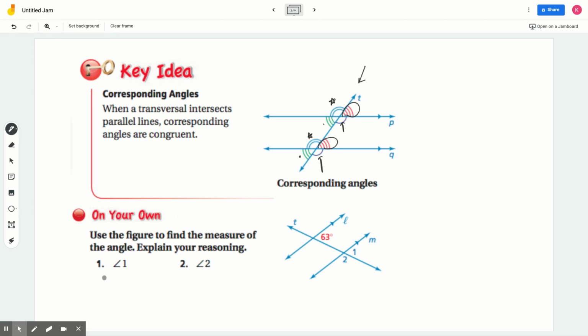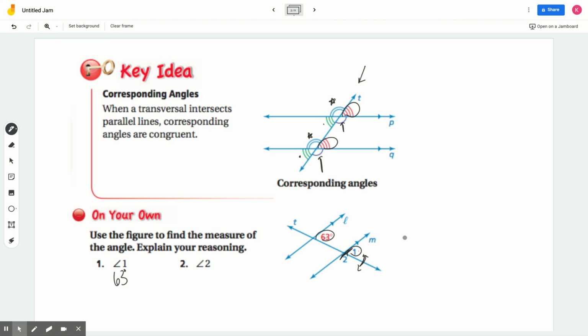Here we can use the figure to find the measure of the angle. Explain your reasoning. For angle 1, this is both the top right of the transversal. So 63 and angle 1 are congruent. Angle 1 would be 63 degrees because they are corresponding angles. We can now see that angle 1 and angle 2 form a straight line.